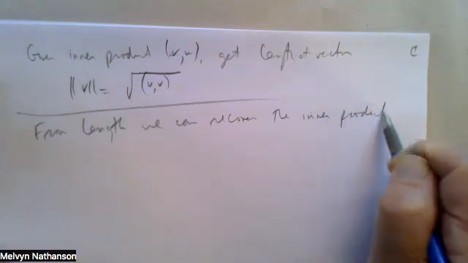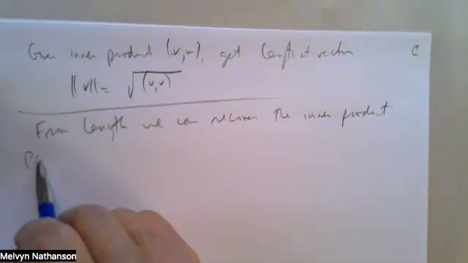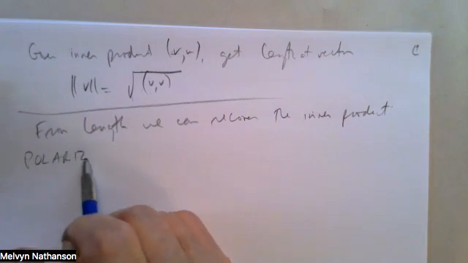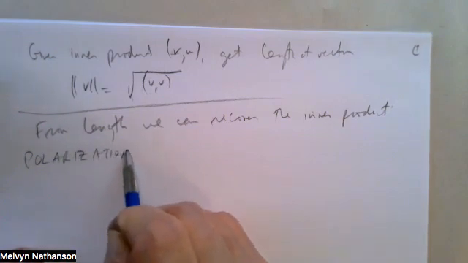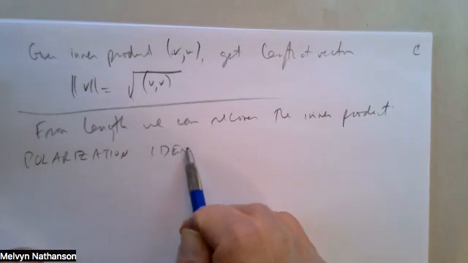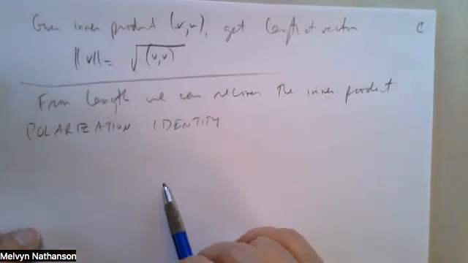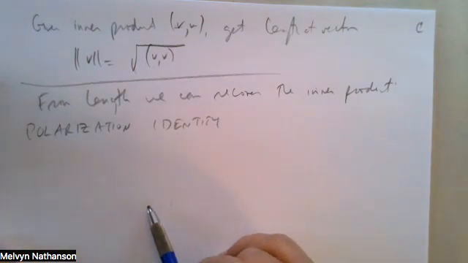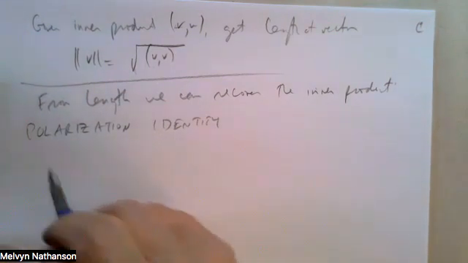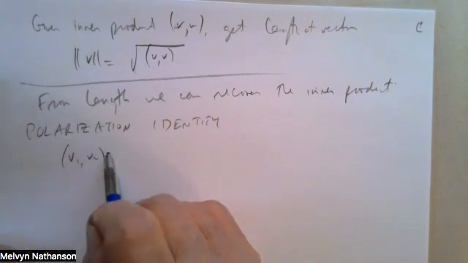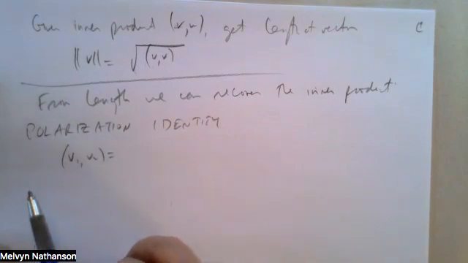the inner product, because we have the following identity, which is called the polarization identity. For any vectors V1 and V2, the inner product of V1 and V2 can be defined in terms of the length.